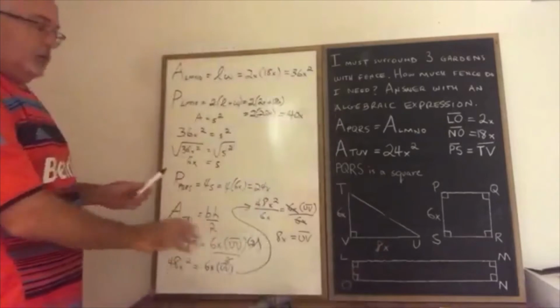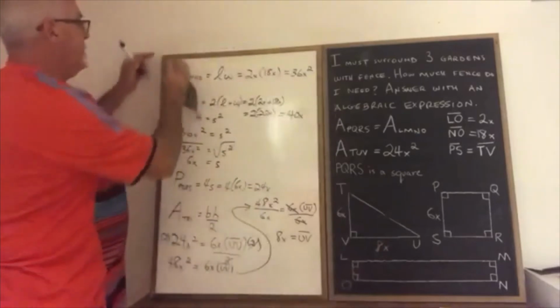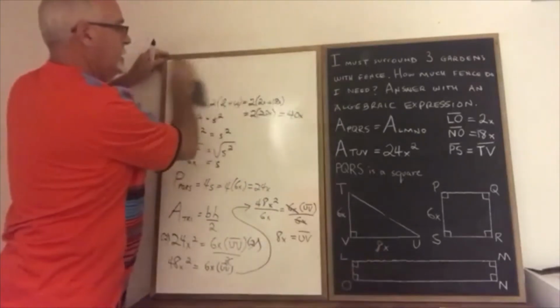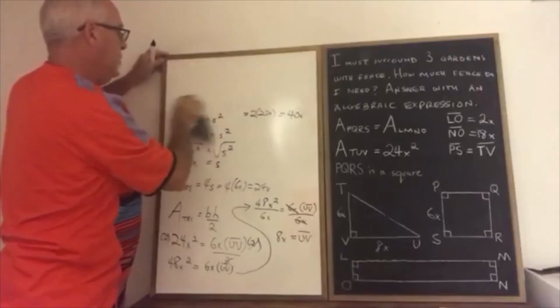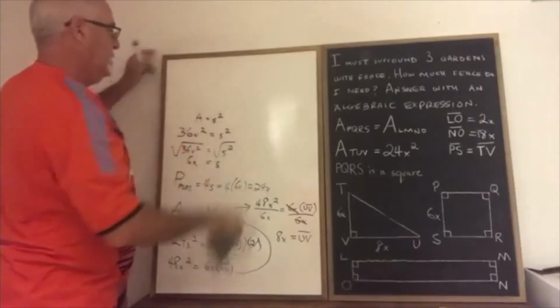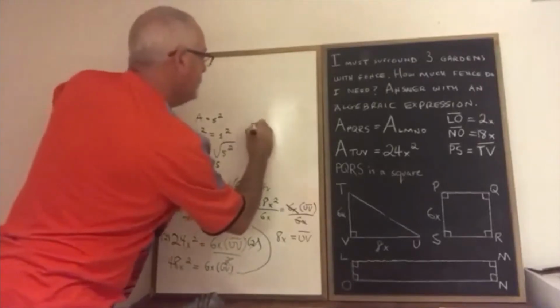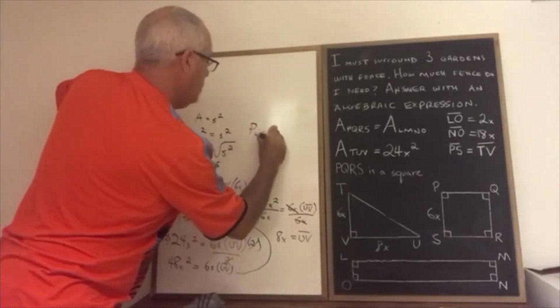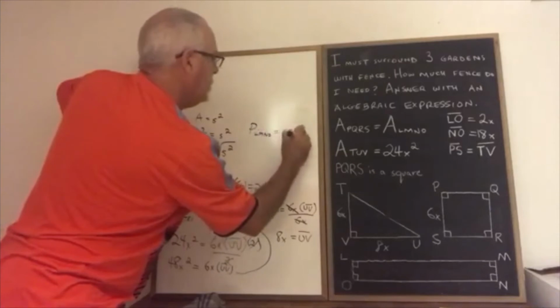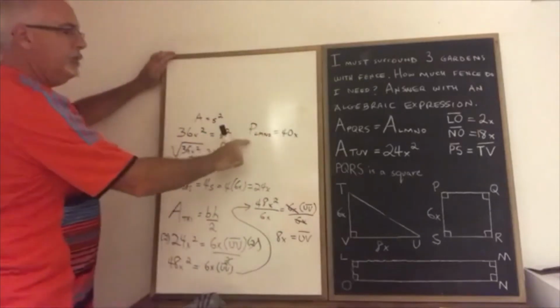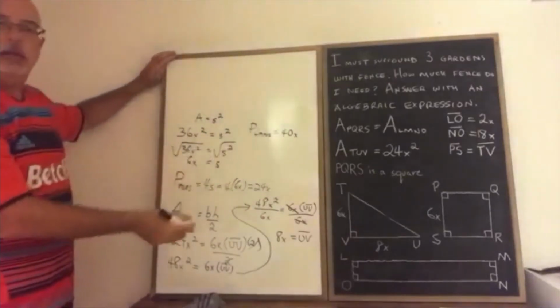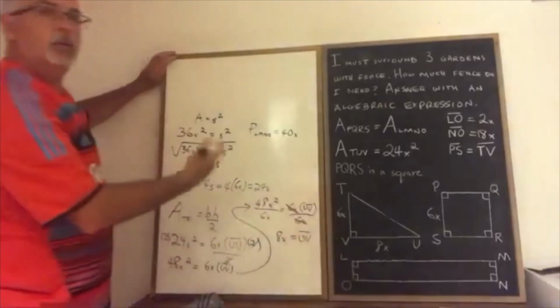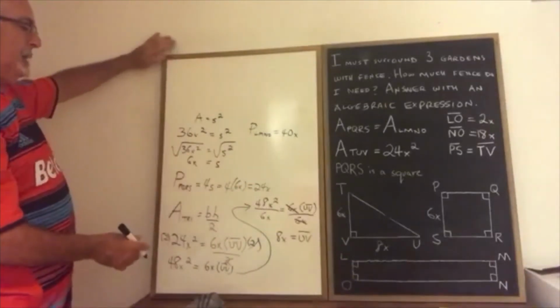I'm running out of room, so I'm going to do some erasing. I'm reproducing the answer to the perimeter of the rectangle because I'm going to need it in a subsequent step.